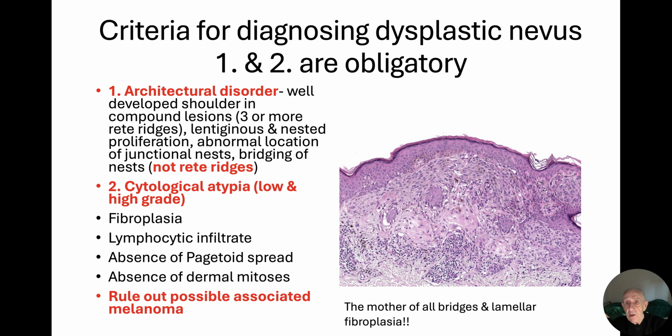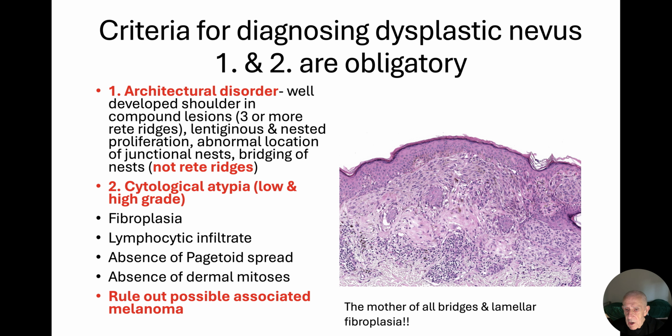Now, this is the most important slide, really, and it's really important that pathologists recognize that in addition to cytological atypia, to use the term dysplastic nevus, there must be architectural disorder of a well-defined type. Dysplastic nevi are lentiginous and nested.